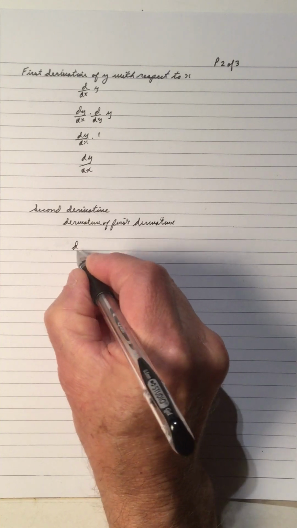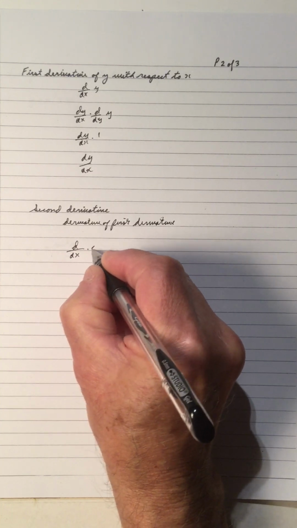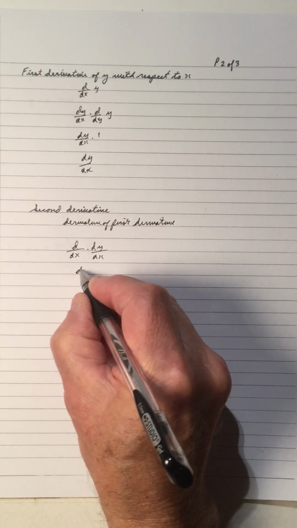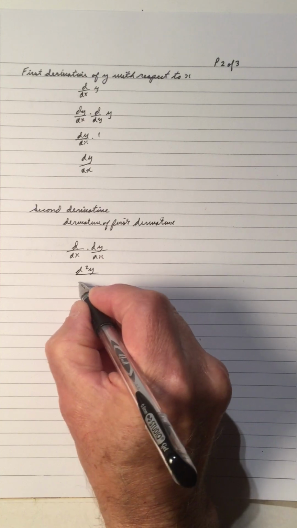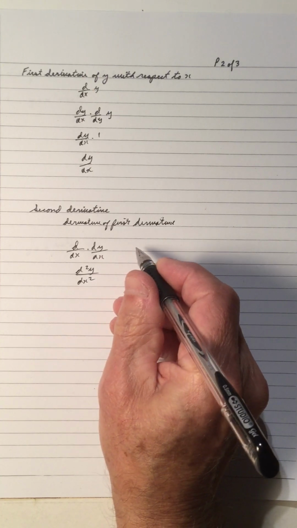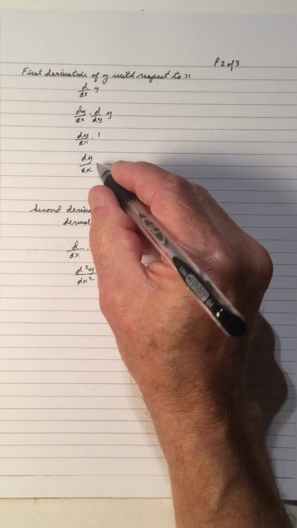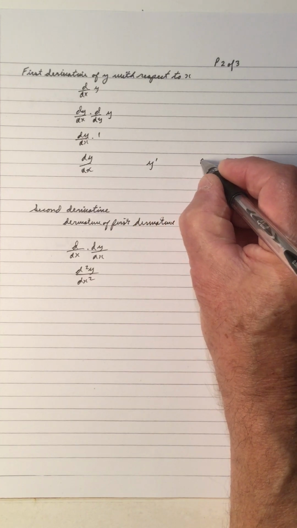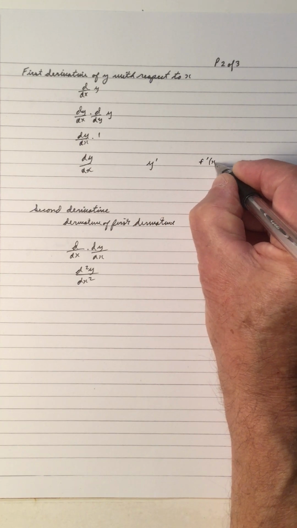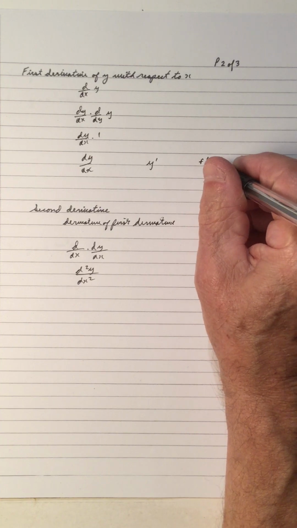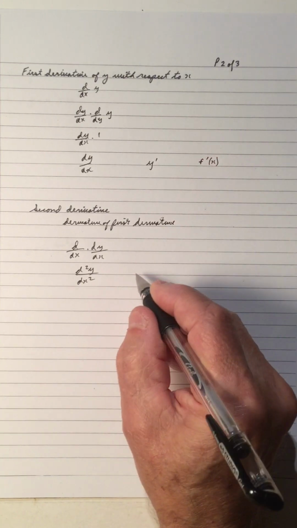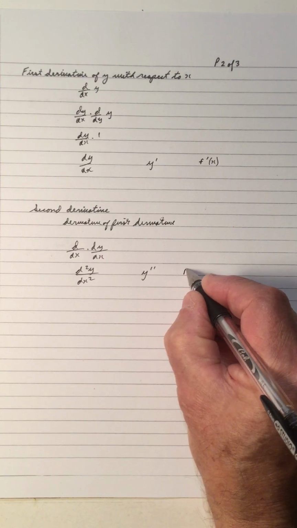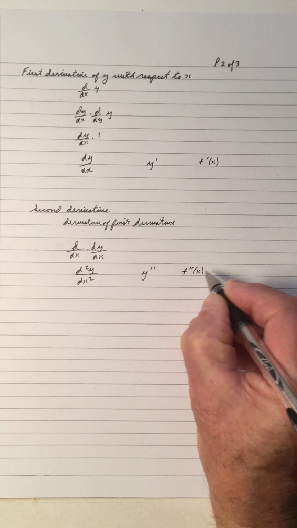That's d/dx on dy/dx, which is d squared y over dx squared. dy/dx can also be called y prime, or f prime of x in function notation. And the second derivative could also be called y double prime, or f double prime of x.